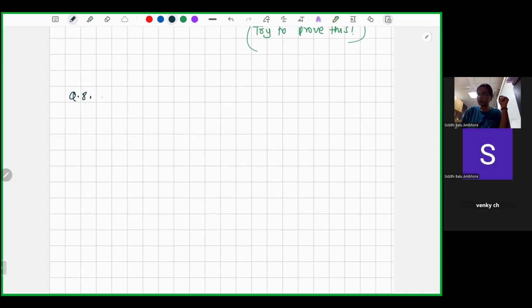So the question is: does A4 have subgroups of order 2, 3, 4?